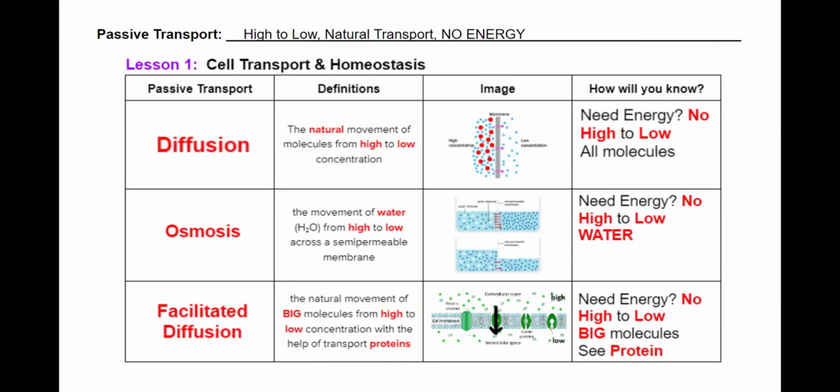Now, this one is going to be similar to protein pump. People confuse facilitated diffusion and protein pump a lot because they both use proteins and they both use big molecules, but the difference is one needs energy, the other one does not. So you've got to remember, facilitated diffusion is diffusion with a little bit of help. We know diffusion needs no energy.